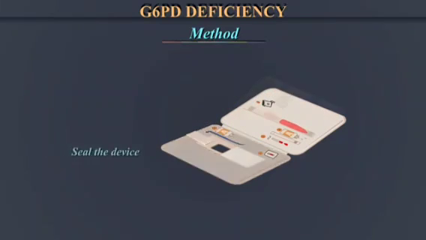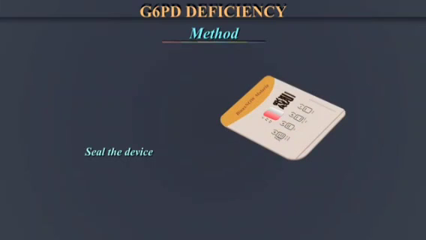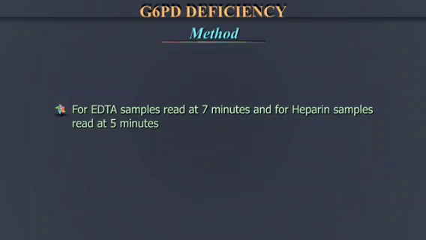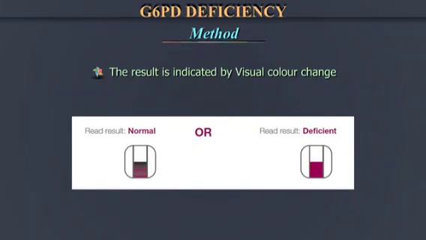Step 5. Remove the adhesive strip and securely seal the device closed. Step 6. For EDTA samples, read at 7 minutes, and for heparin samples, read at 5 minutes. The result is indicated by a visual color change. The result is qualitative as normal or deficient.